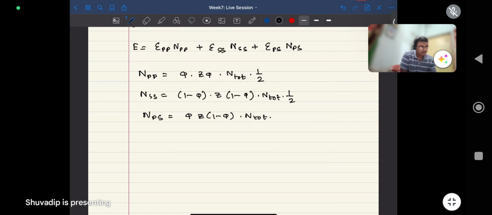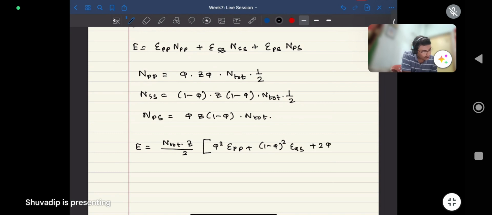So our job is to multiply only that, and then we will only keep, so E will be something like n total into z by 2, phi square epsilon pp plus 1 minus phi whole square epsilon ss plus 2 into phi into 1 minus phi epsilon ps. Now in the free energy, only the double derivative of the free energy with respect to phi matters.